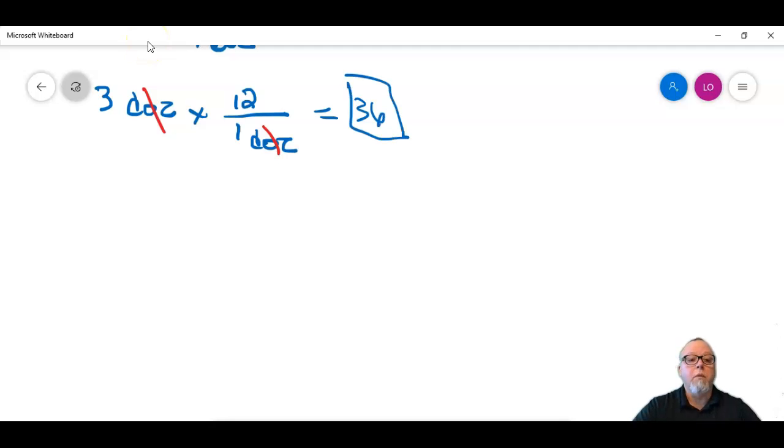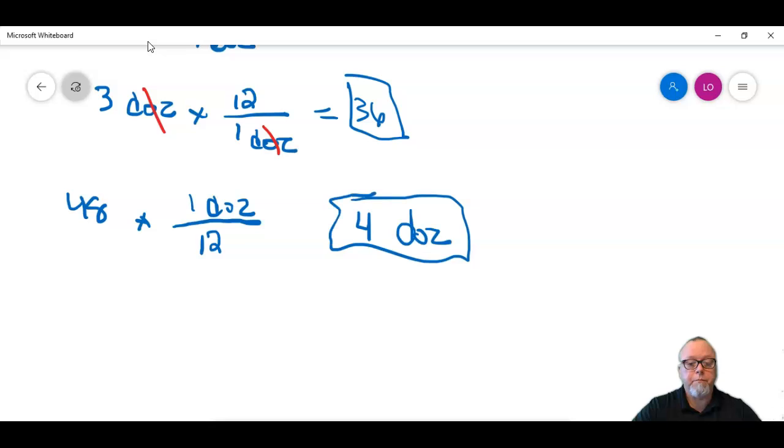Now, let's go the other way. If I had 48 of something, I could easily multiply that by my equality. I wanted dozens. If I want to get to dozens, well, my equality is 1 dozen is equal to 12. I could put 12 down here, and I have 1 dozen up here, and then I have 48 times 1 divided by 12 is 4 dozen of them.